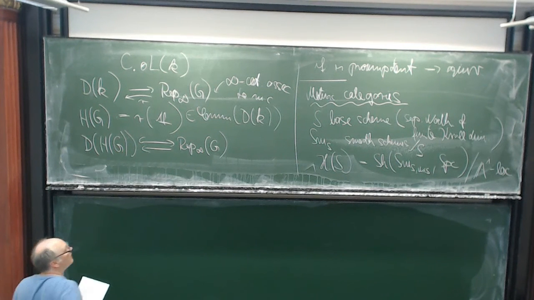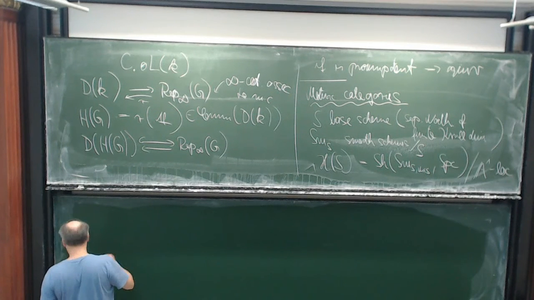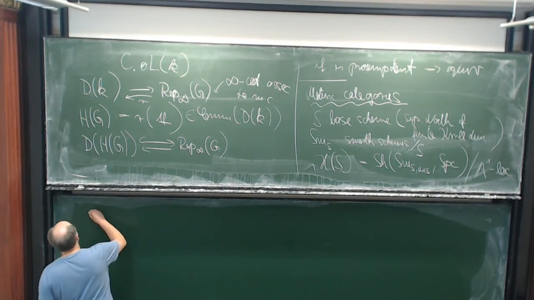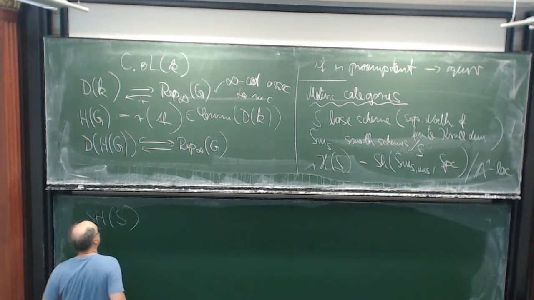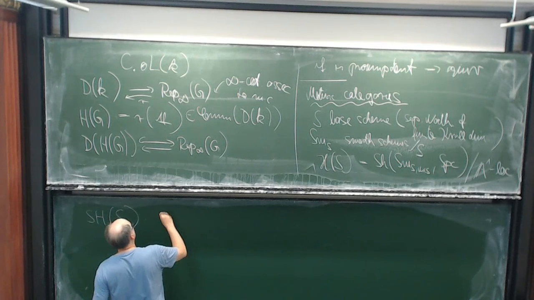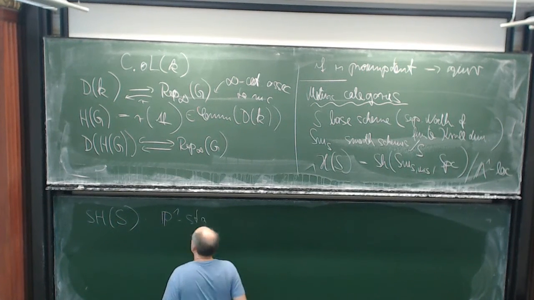As I announced, I want to take now P1 spectra, which directly introduces the motivic stable category SH(S). I just say that this is a P1 stabilization, which we get by taking P1 spectra.